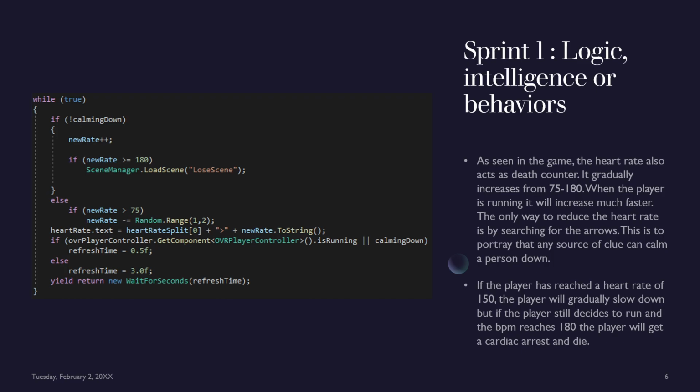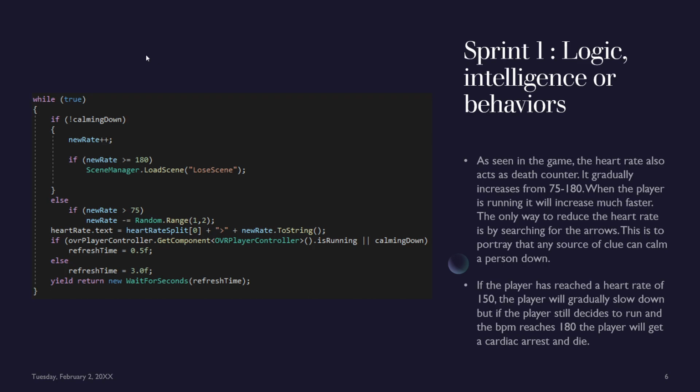If the player has reached a heart rate of 150, the player will gradually slow down. But if the player decides to run even after 150, then the BPM reaches 180. Then the player will get a cardiac arrest and die.